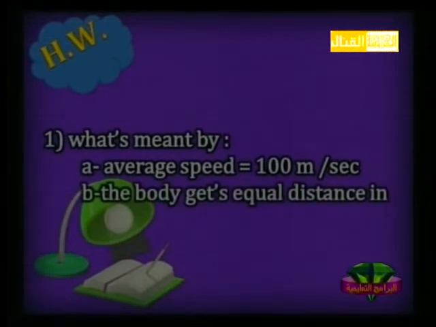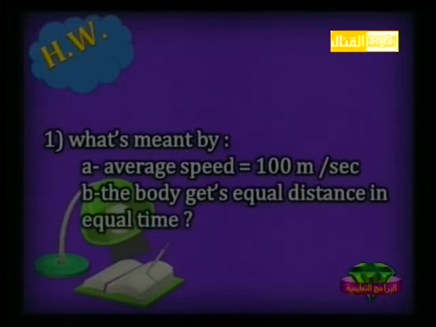B. The body gets equal distance in equal period of time. Do you know how you can catch it? Yes, write the definition and write the number at the end. And for number B, take care to catch the definition for what?